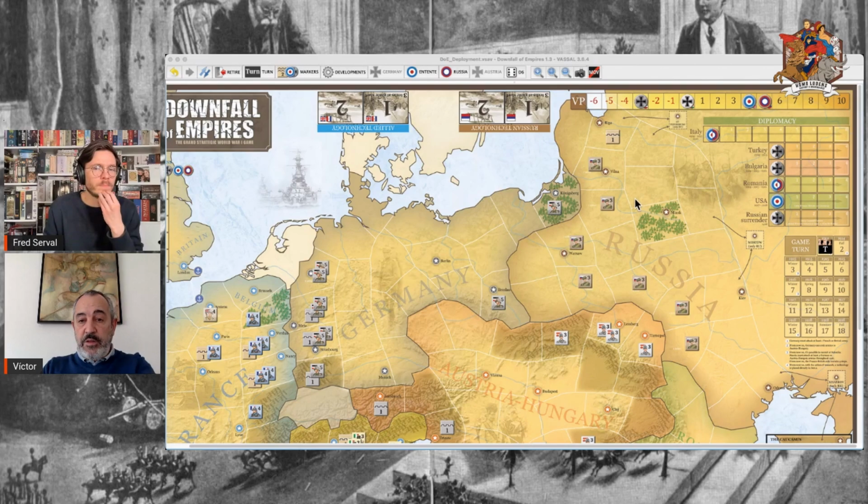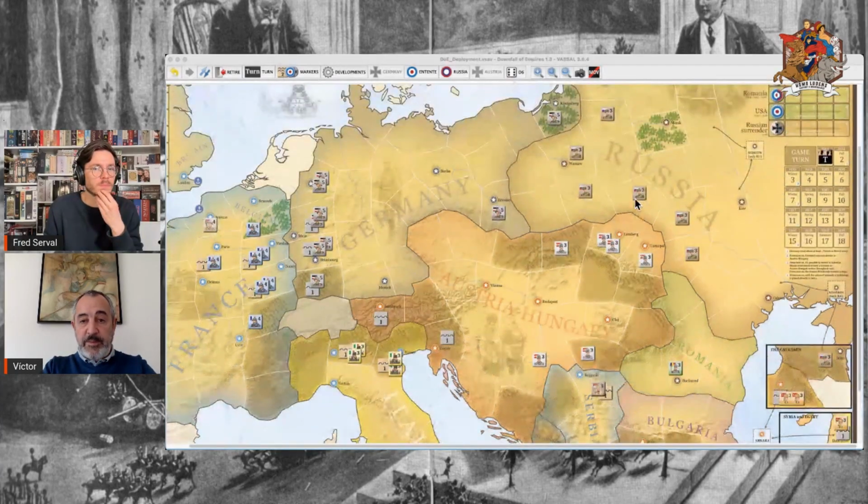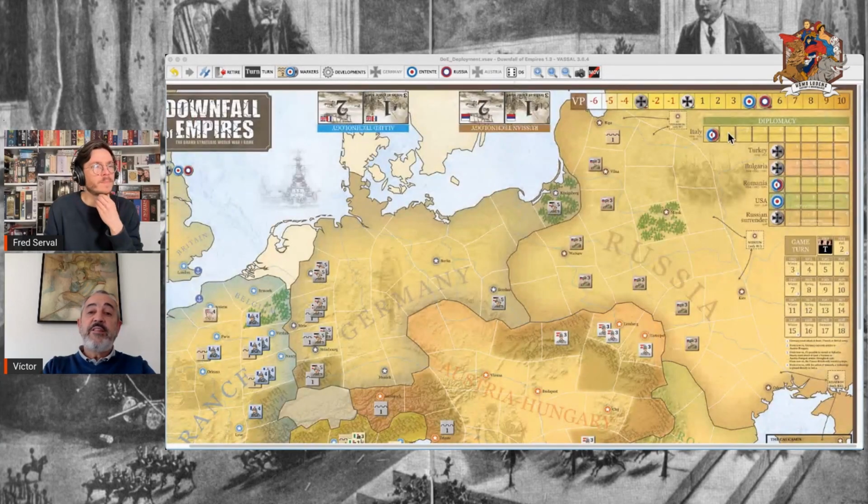You will see that the flag on the diplomacy track shows which faction can get that country to go with you and join the war with you. For example, Italy can only go with the Allies, and Turkey can only go with the Central Powers.